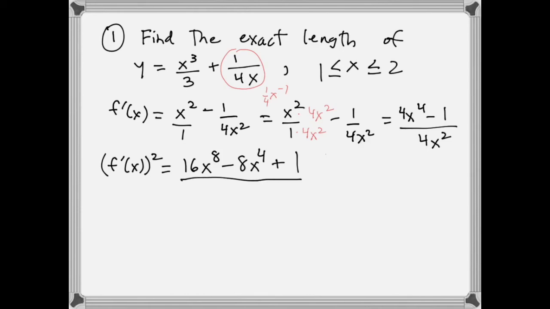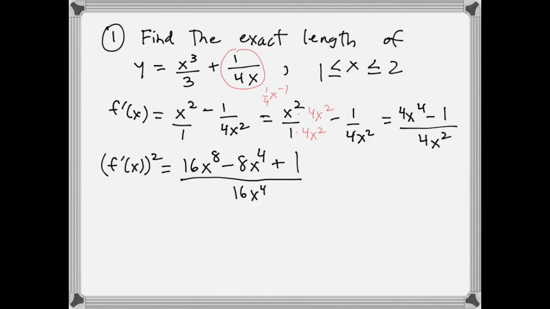Over, and then if I square the bottom, I get 8, oh, sorry, not 8. I get 16x to the 4th. Okay, so this is what I get so far when I square the derivative.